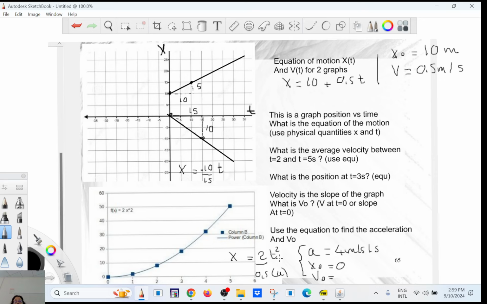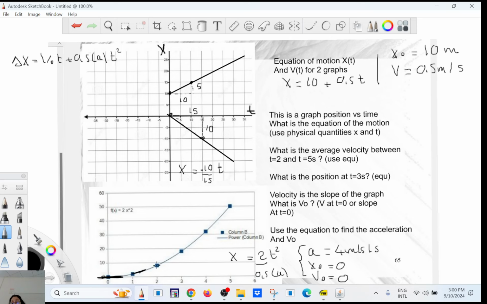Do remember the kinematic equation, delta x equals v0t plus 1/2 at squared, right? So there is no initial velocity, and you can see the slope here is 0.